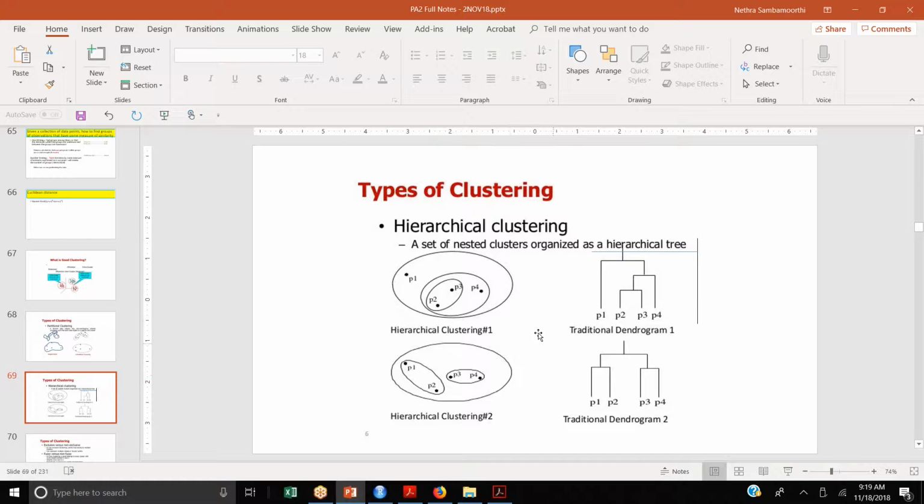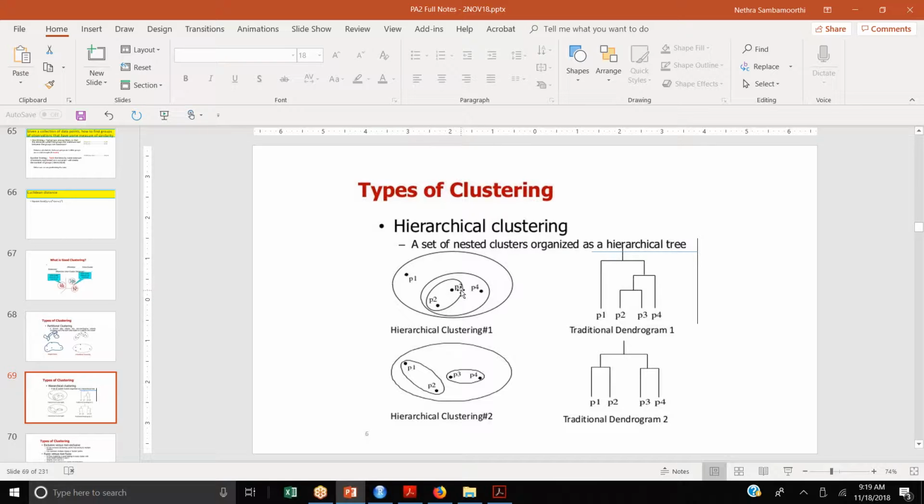So, for example, in this case, visually you can say these two are closer. The next one is this one, combine this one, next combine this one, and the next combine this one.